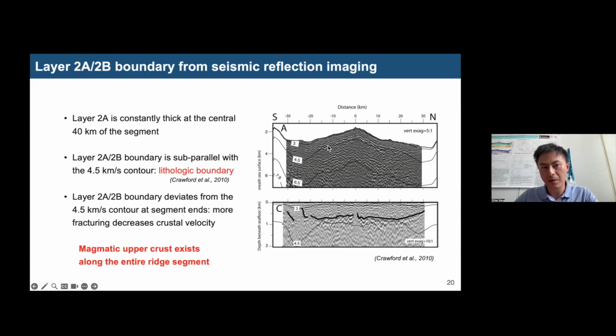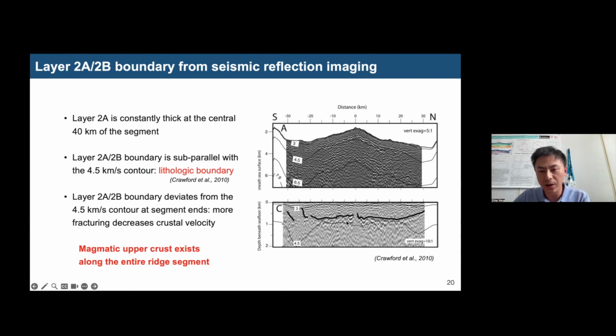In this study, they image the boundary between layer 2A and layer 2B. Here in this figure, this reflector is interpreted as the layer 2A/2B boundary. These two figures are the same, but the bottom panel just removes the seafloor effect.